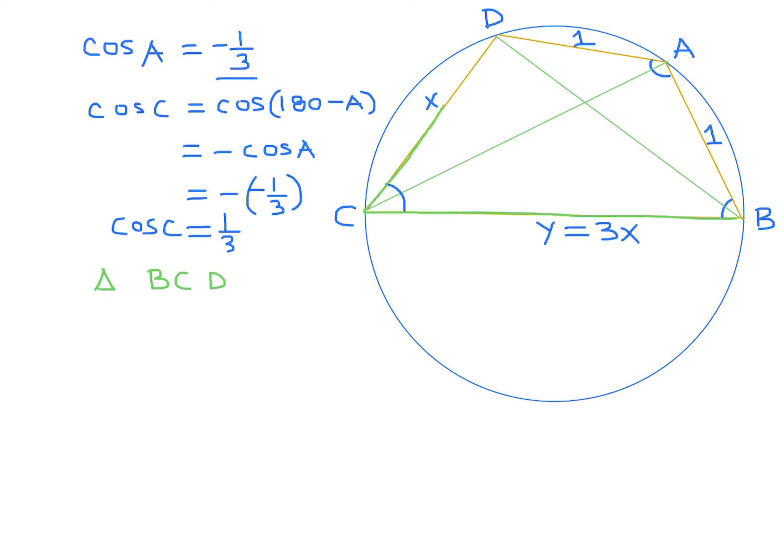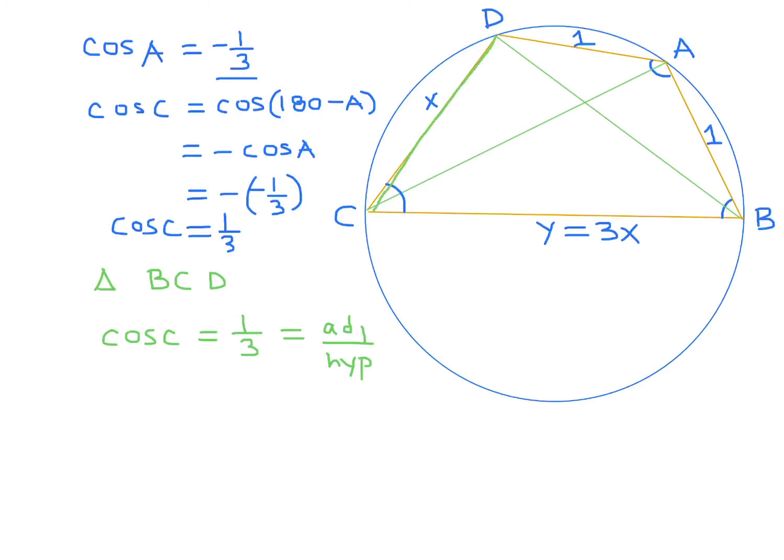This triangle right here. And then look at that relationship. The cos of C is equal to basically 1/3. And if you remember just the basics, what is a cos? It's adjacent over hypotenuse, right?